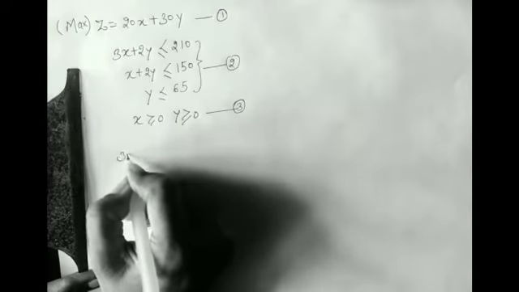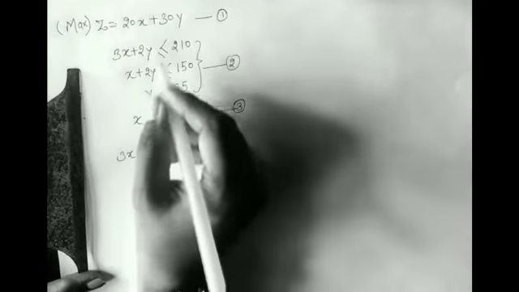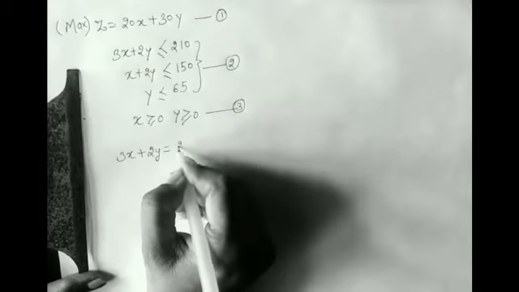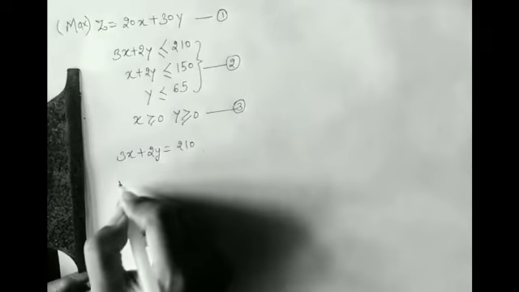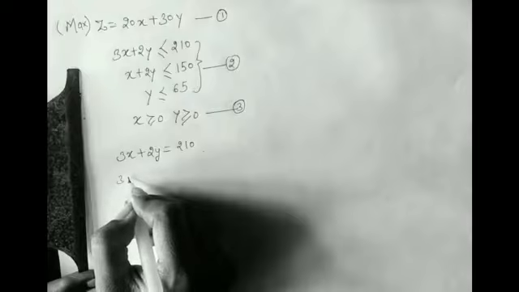First we take the first constraint, 3x plus 2y. We assume that this is equal to 210. Now we have to draw this on a graph. For drawing this on a graph, suppose we let x equal 0.